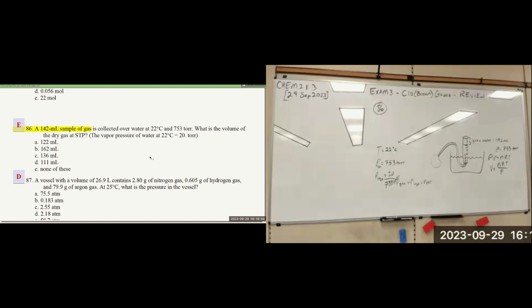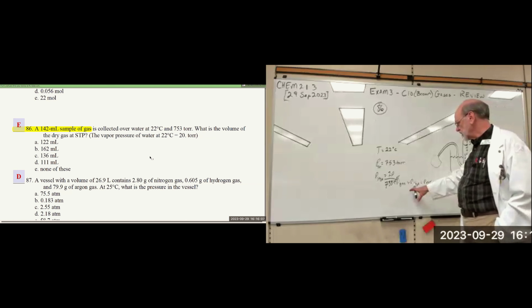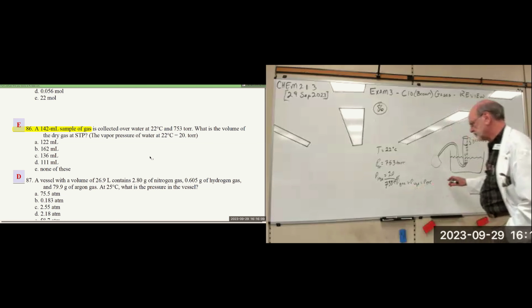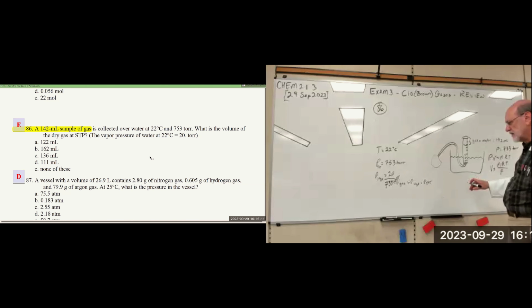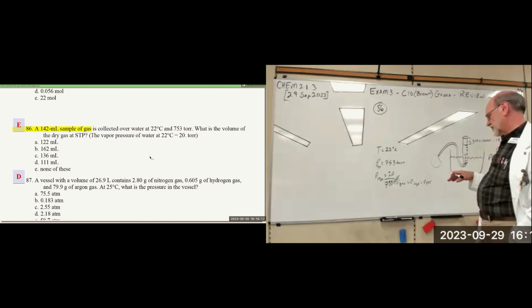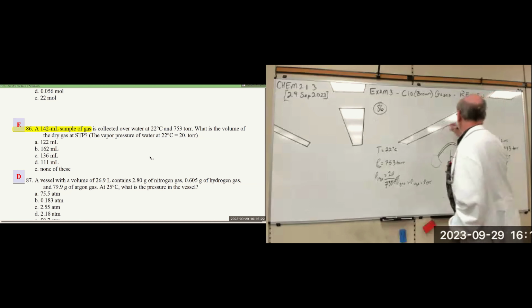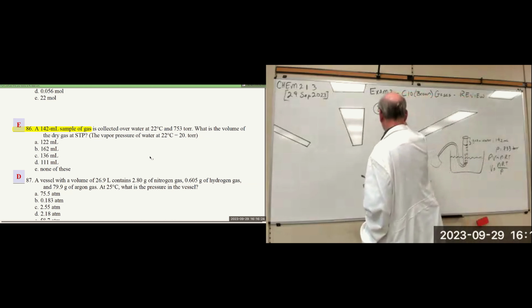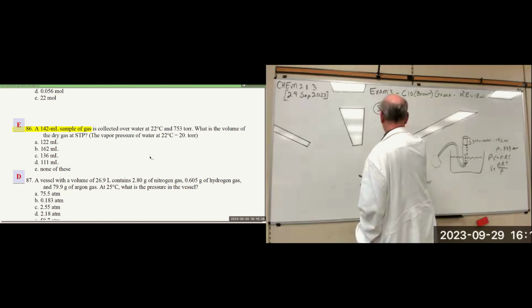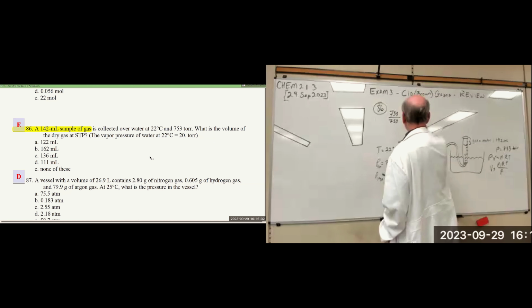The volume of the dry gas is, yeah, it's a ratio, the pressure. So 733 over 753 times 142.